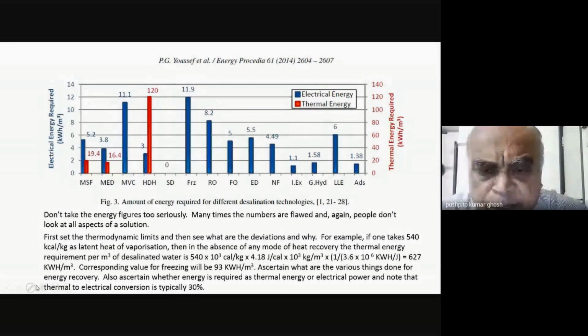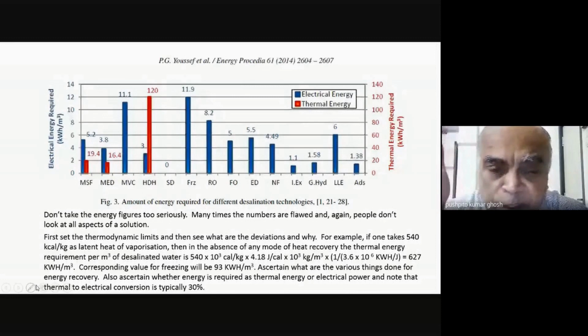So compared to the 0.76 kilowatt hour per m cube that we looked at for an isothermal reversible process, if I look at the other extreme, where solar power is evaporating the water, and don't bother about whether it's solar energy or some other energy, the energy requirement doesn't change.